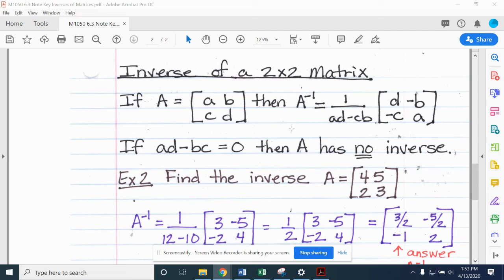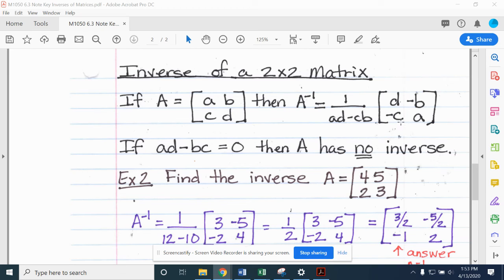To find the inverse, we put 1 over the diagonals subtracted. We always start in the upper left and go down the diagonal. So A times D, minus C times B, the up diagonal. Then we multiply that by what I call the switch and flip. The down diagonal switches places, so D becomes the upper, and the up diagonal flips signs.